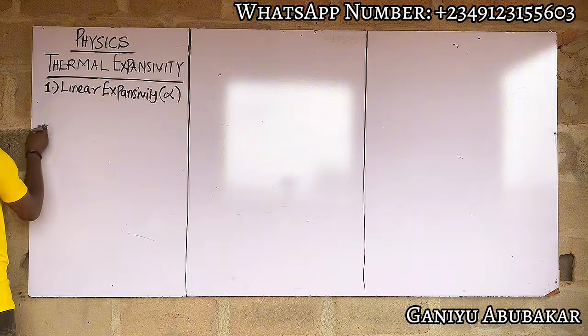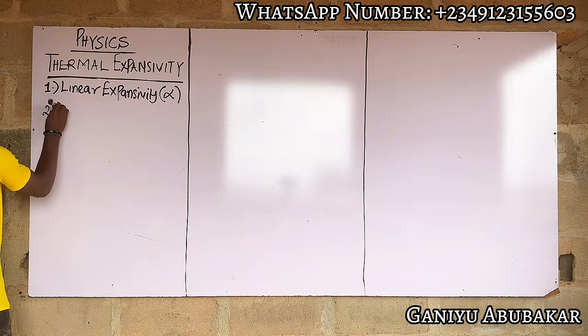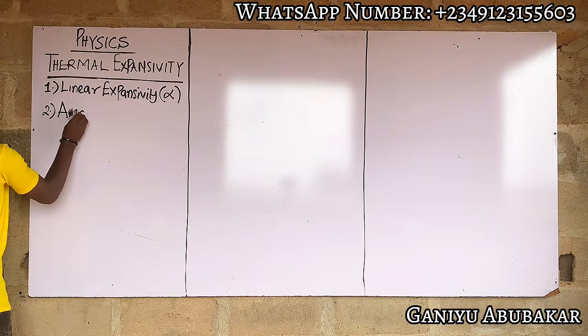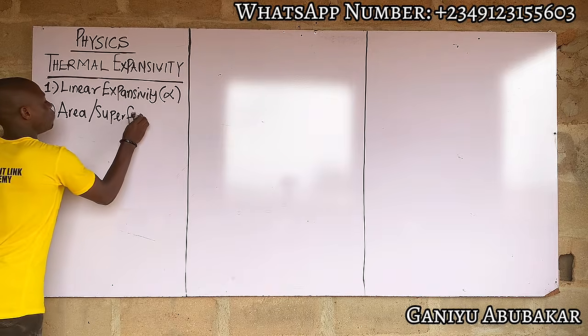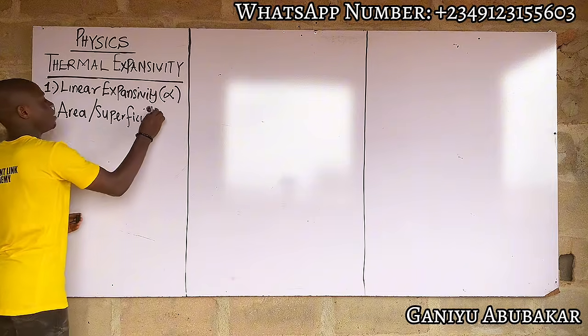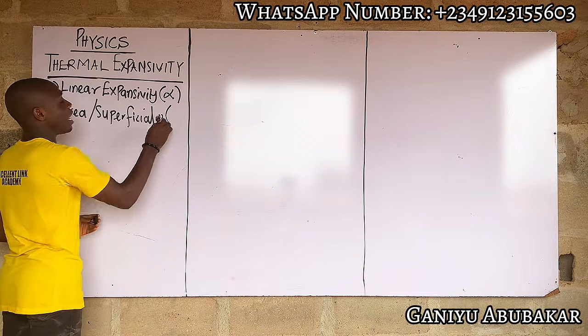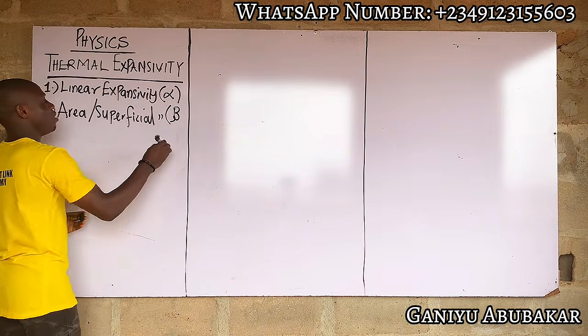The second one is called the area or superficial expansivity, which is represented as beta, right?